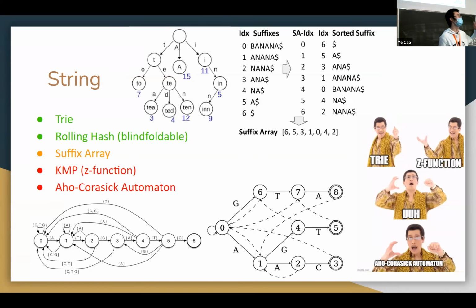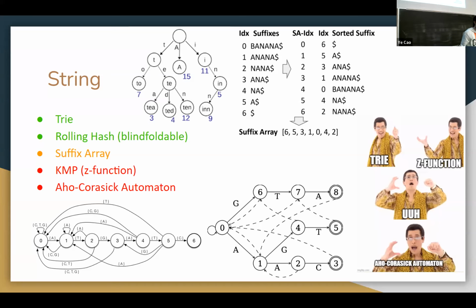It has a certain probability of failure, but that probability can be made arbitrarily small by choosing a proper hash function, which I will talk about later. Suffix array, which given a string, computes all its suffixes and sorts them. It's a useful data structure for certain types of problems.